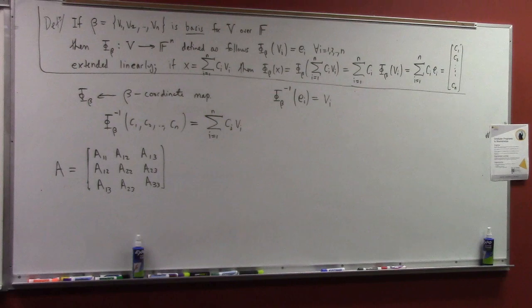So that's that. That is what an arbitrary symmetric 3 by 3 matrix looks like.